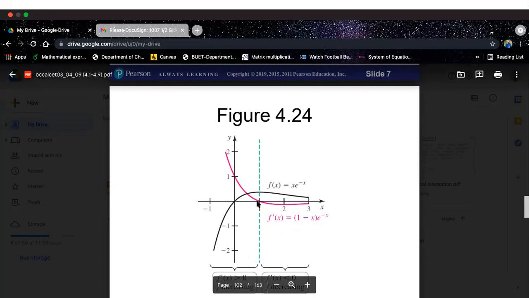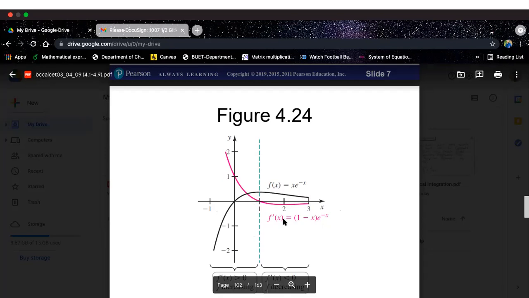Try at least 2 or 3 different values from the entire interval, if not more. Plug these values in place of this x, and you will see you'll get a positive value if you pick any value from -1 to 1 for this derivative. Whichever value you pick from -1 to 1, you'll always get a positive value for this first derivative.